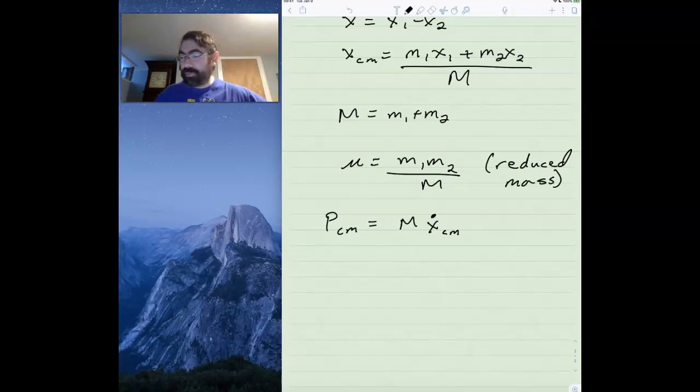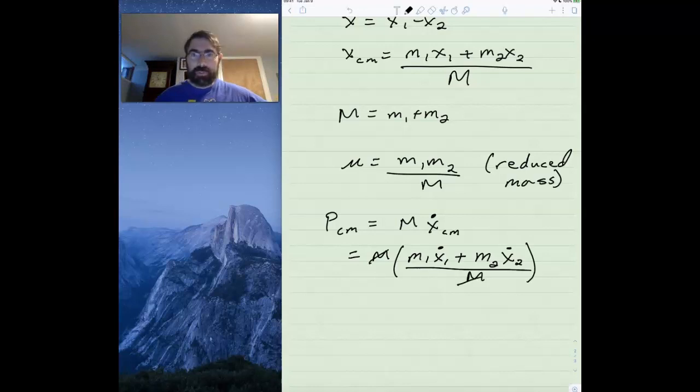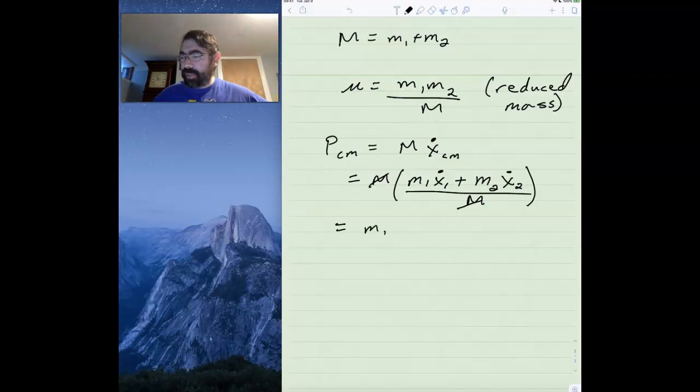This form reduces because if I take the derivative of the center of mass coordinate, what I get is mass 1 times the velocity of particle 1, plus mass 2 times the velocity of particle 2, divided by the total mass. So the total masses cancel, and what we're left with is m1 times the velocity of 1 plus m2 times the velocity of 2. So it's basically the sum of their momenta.